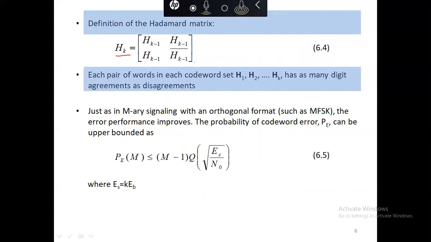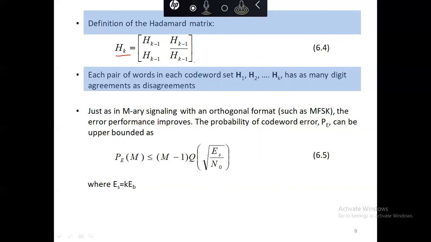It is always a square matrix, having order 2 by 2, having order 4 by 4, having order 8 by 8, and that order is 2 raised to power 3. So all these matrices are square matrices.